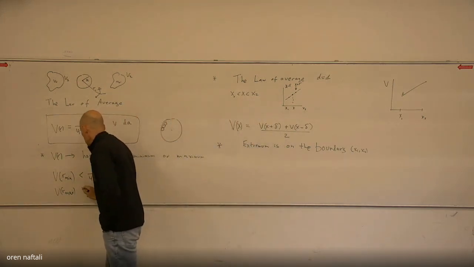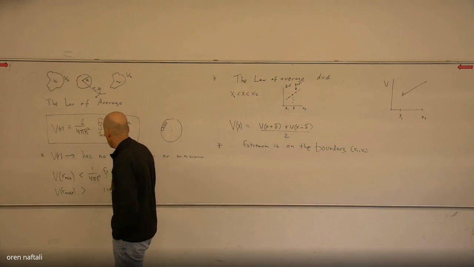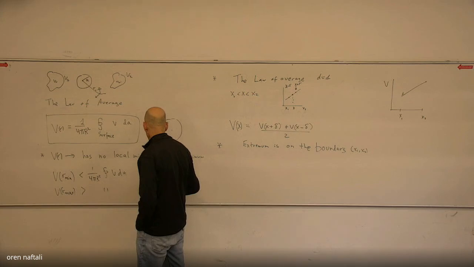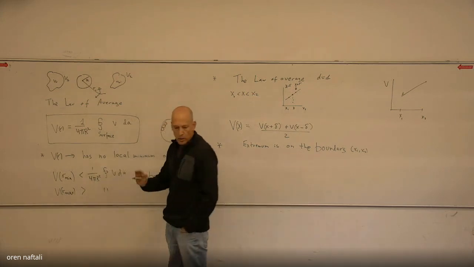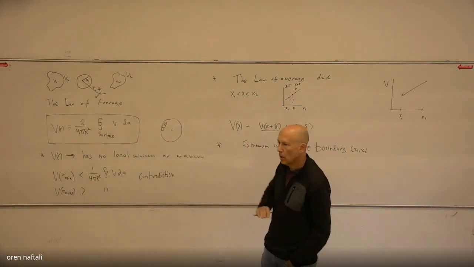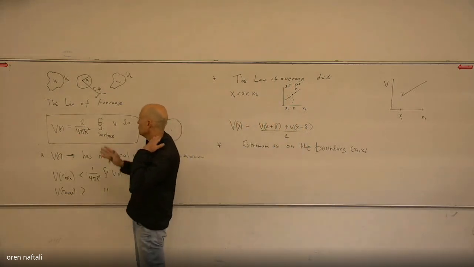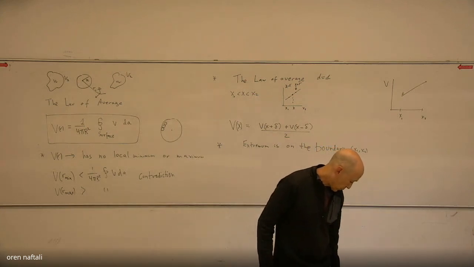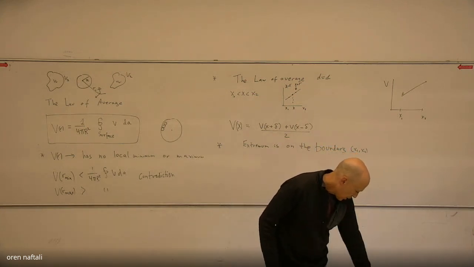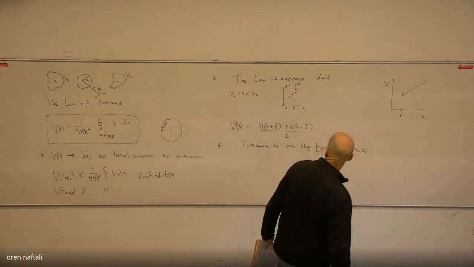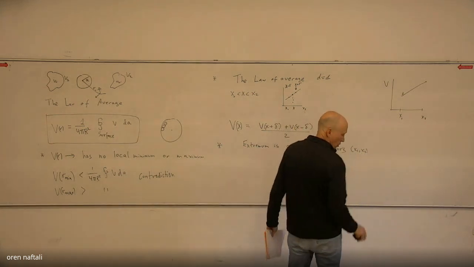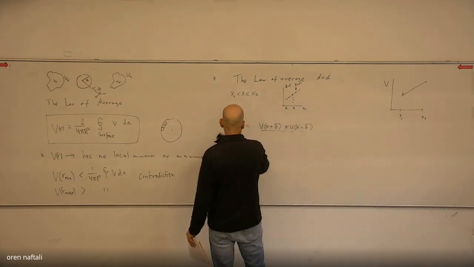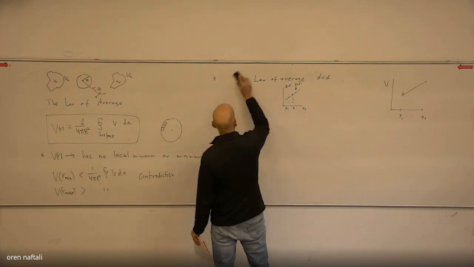We make that assumption, and then it's bigger than this thing, and this is a contradiction. So there's no such thing as a maximum or a minimum. No matter what, you can work as hard as you want, you cannot find it, which is a pity, right? But again, people have solved it eventually. You just need to think a little bit out of the box, and maybe forget about electrostatics.